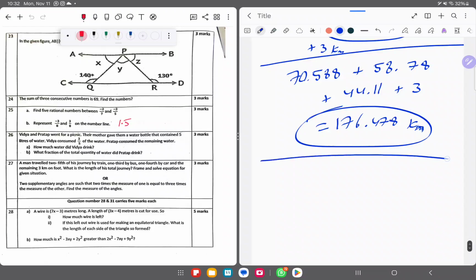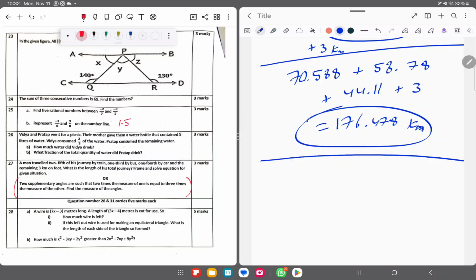Now let's do the second part, which is what fraction of the total. No, not this one. We finished this one. Now let's do this one. Two supplementary angles are such that 2 times the measure of one is equal to 3 times the measure of the other.